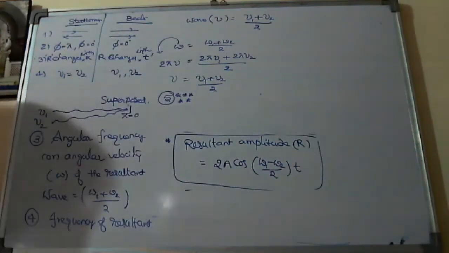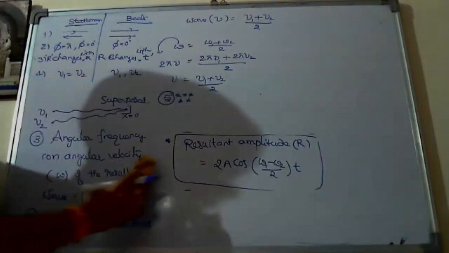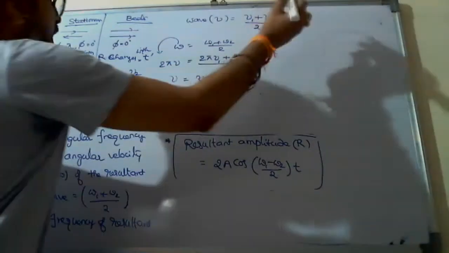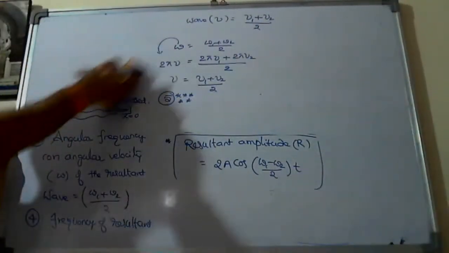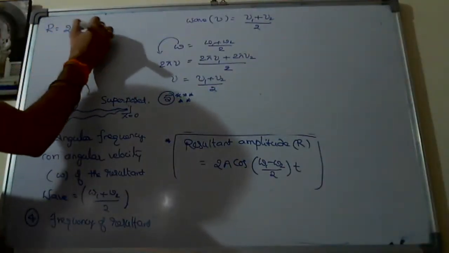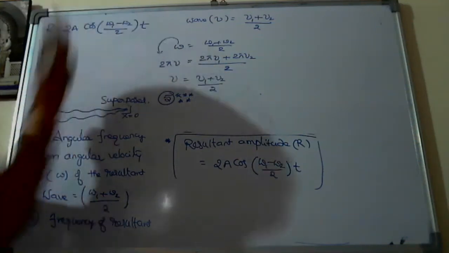You told the resultant amplitude is equal to 2a cos of (omega 1 minus omega 2) by 2 into t.